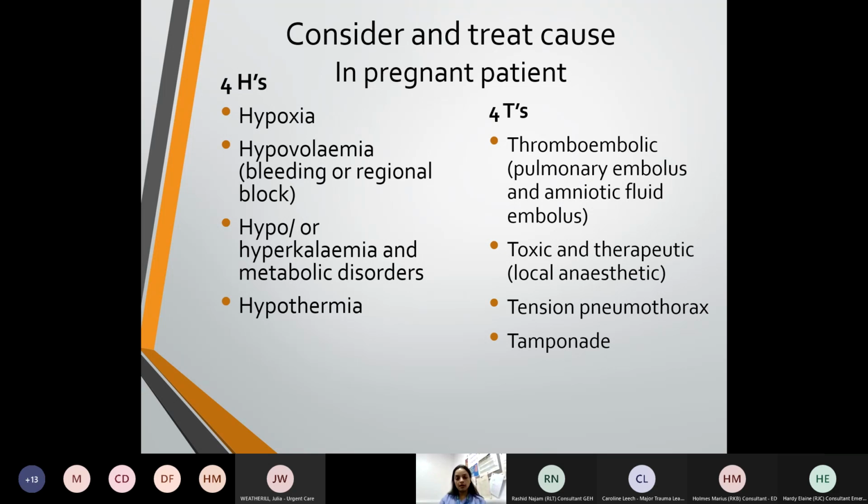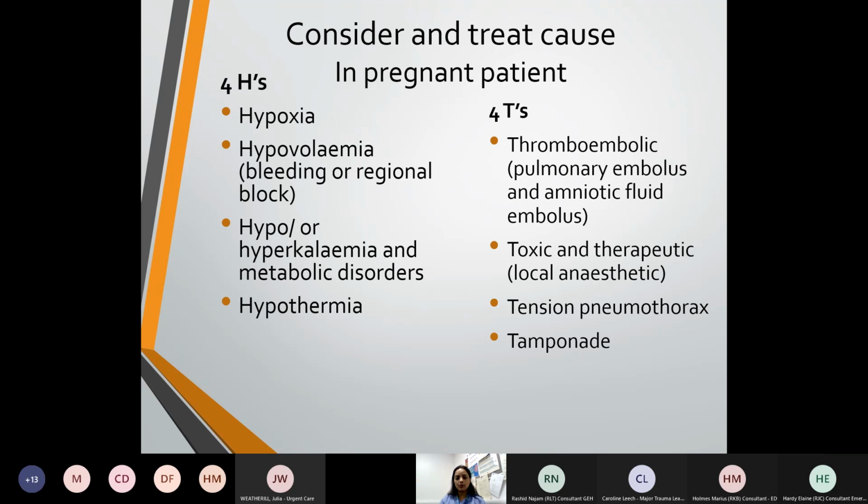And because of that acute effect on the uterus, if there was any direct compression, then that is one thing we need to keep an eye on. Obviously, there's no different way of managing it. It's again the same structured ABC approach, but it's just something that we need to think of as a possibility. And the other thing is toxicity, which may not be relevant exactly when you're dealing with trauma, but it's more something that we teach our colleagues and our trainees when we are doing procedures on labor ward if the mother collapses.